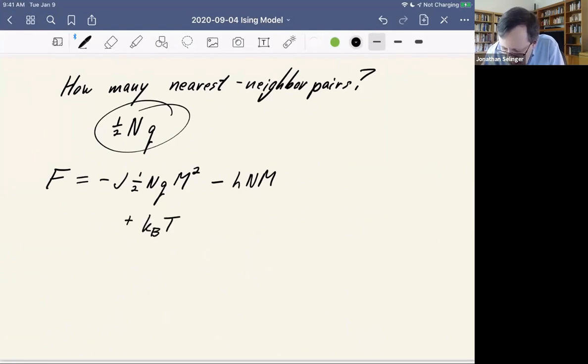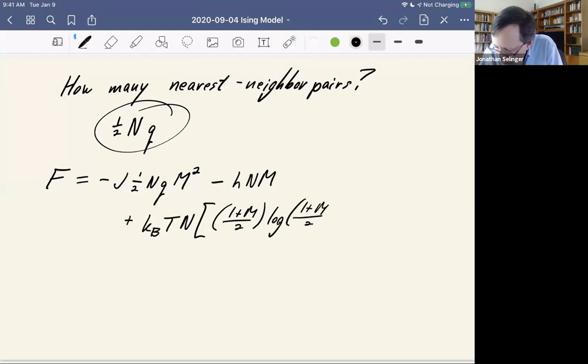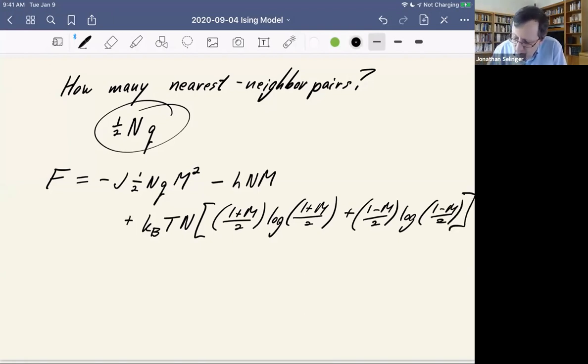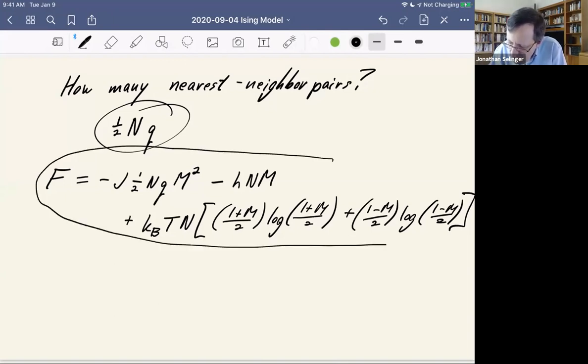Okay. So that turns into the same thing we had in the last class. So kTN times (1 plus m over 2) log (1 plus m over 2) plus (1 minus m over 2) log (1 minus m over 2). All right, so this whole thing then is the free energy of the Ising model with interactions in the mean field approximation.